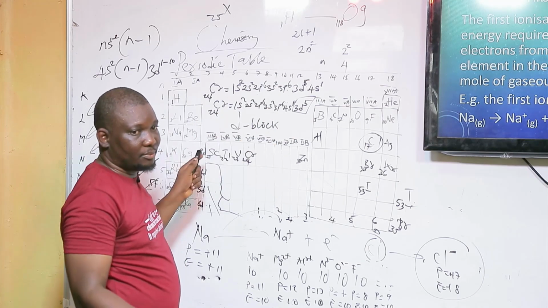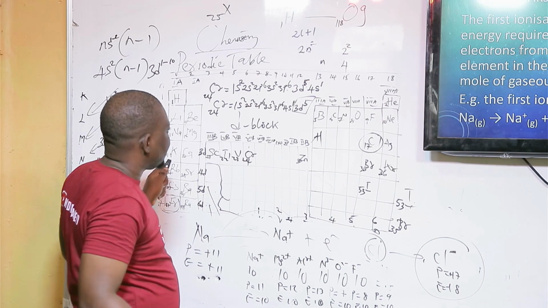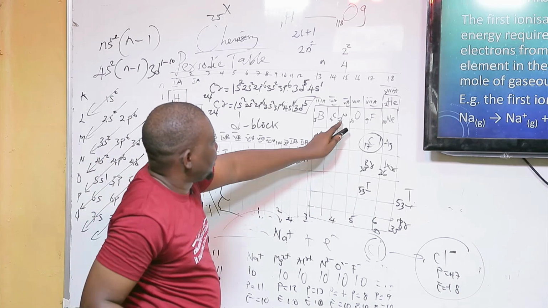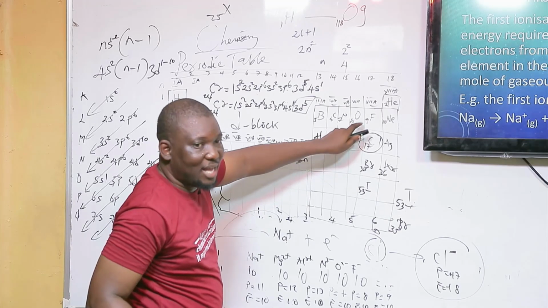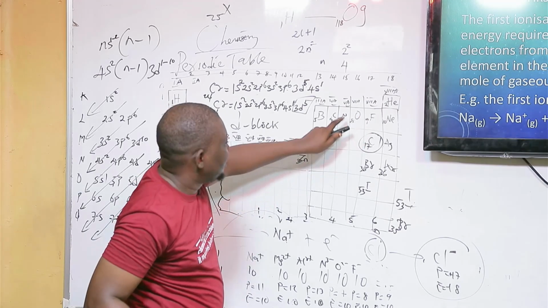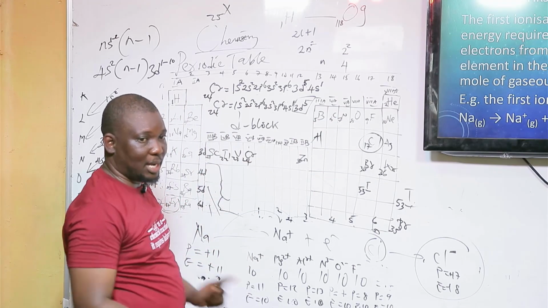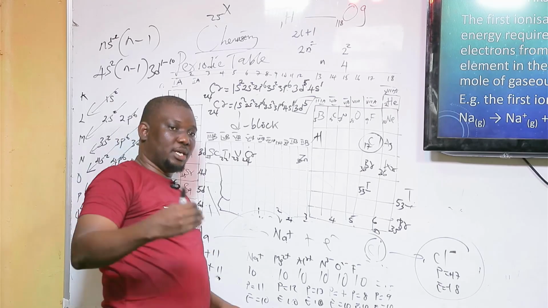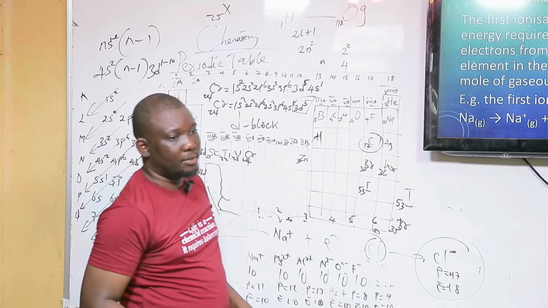It's an anomaly. The same also happens between nitrogen and oxygen, where instead of oxygen having the higher ionization energy, it is nitrogen. Apart from these places, normally, ionization energy increases across the period from left to right.